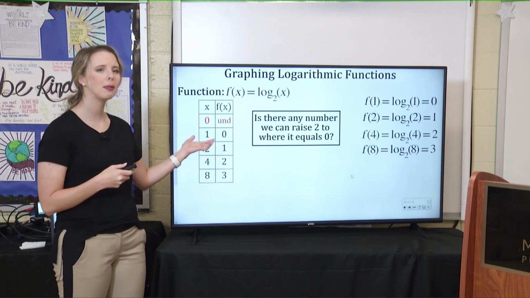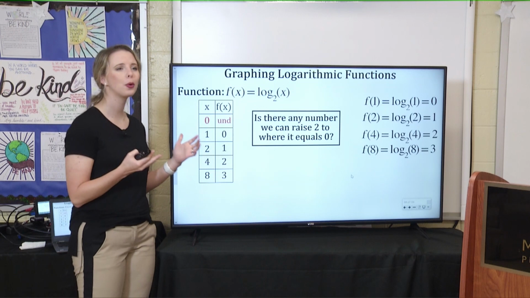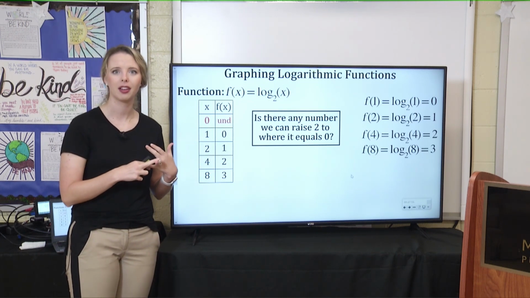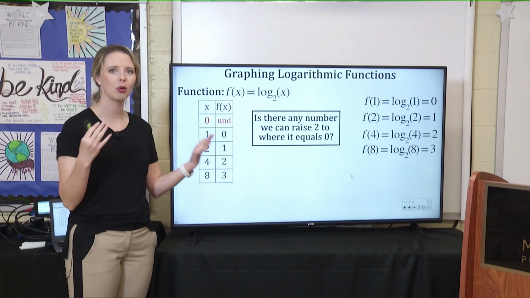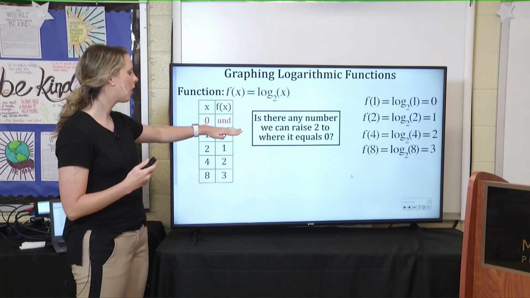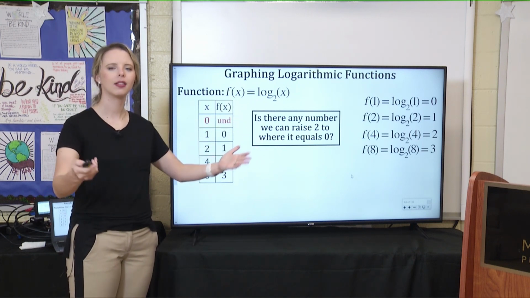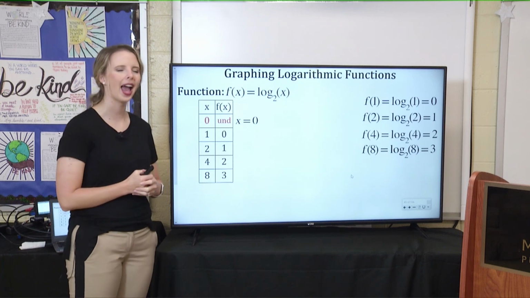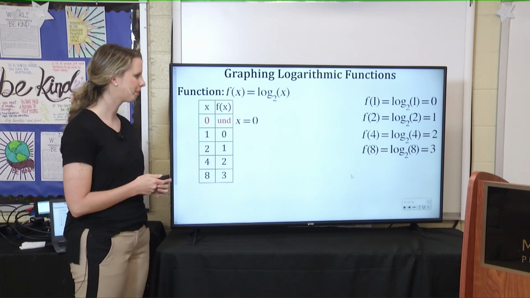It's going to be undefined, because there is no number that we can raise 2 to in order to equal 0 or a negative, for exponential functions. We had a whole discussion about that, and it carries over here as well. So it's undefined, but what does that mean? That means we have a vertical asymptote at x equals 0.